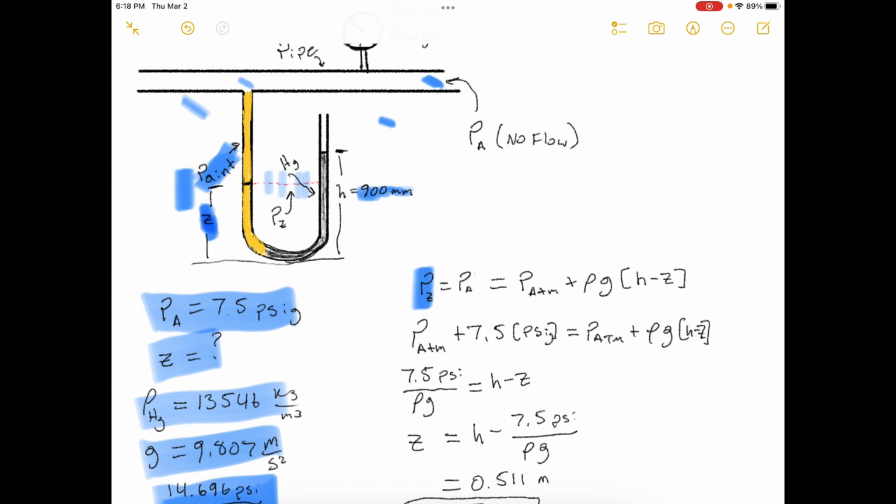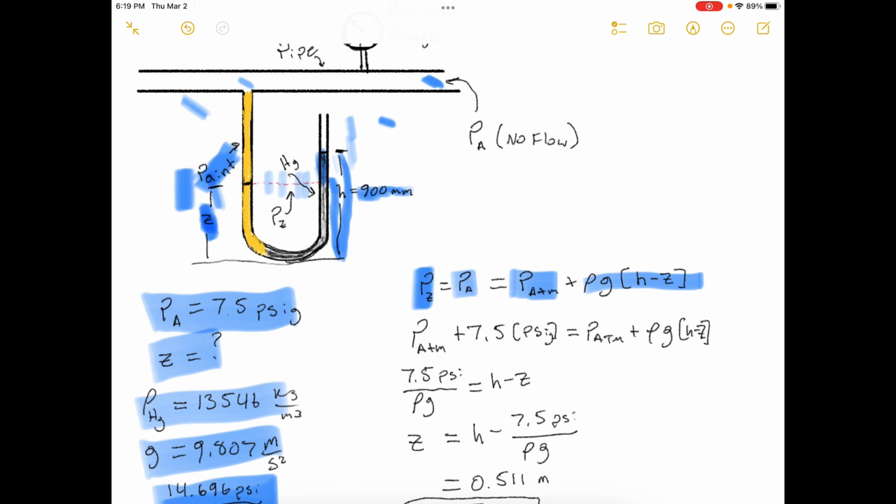Well, in the left leg it's equal to PA, because that's what it is in the pipe. And in the right leg, it's equal to the atmospheric pressure plus the head of mercury, which is H minus Z, because H is this full length, and then Z is just from here down. So we're just talking about this head right in there. Okay, so H minus Z.